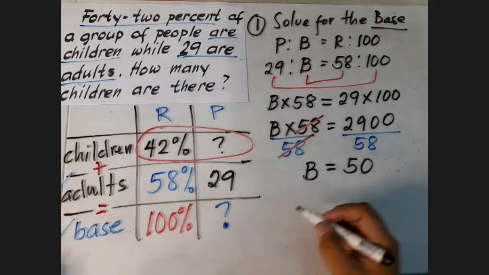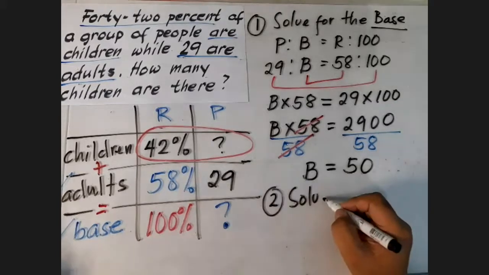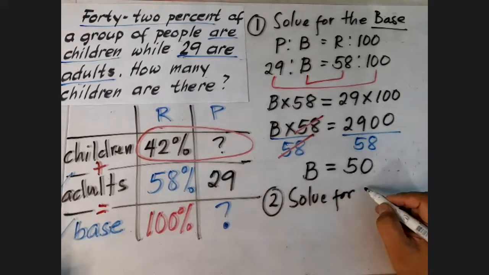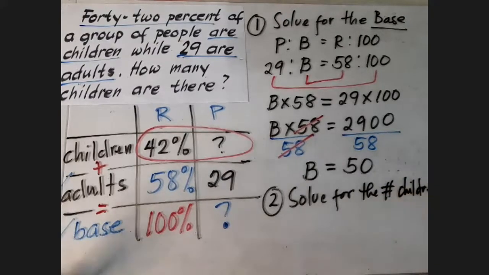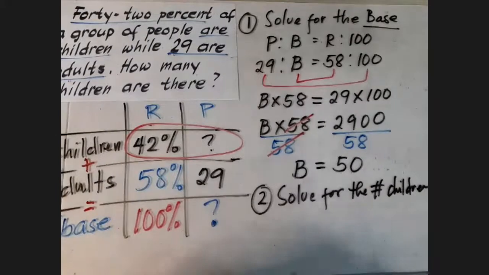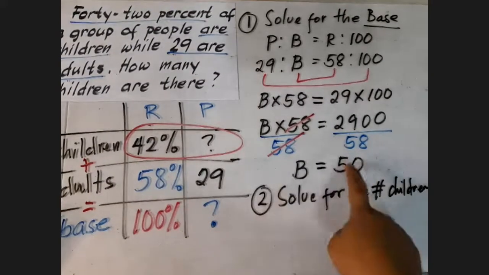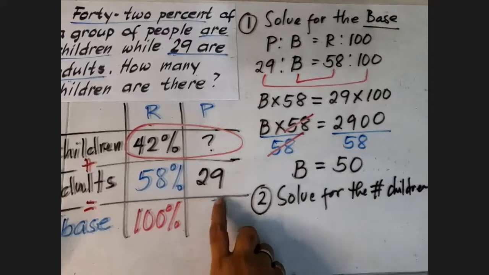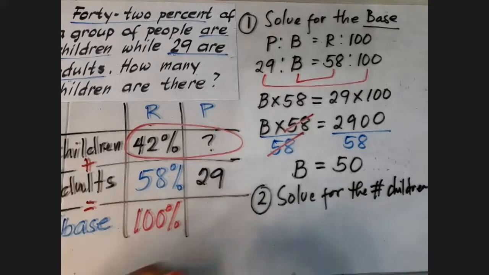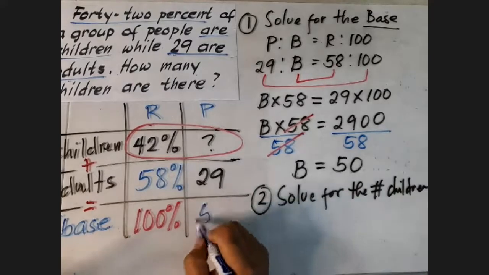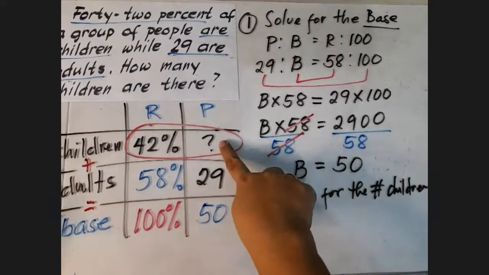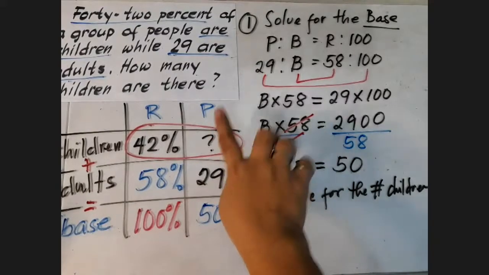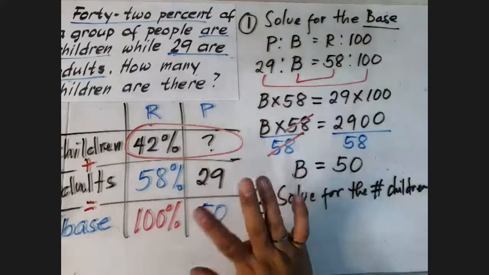Now, the next thing to do is to solve for the number of children. We solve for the number of children. So, how do we do that? So, dahil ito, meron ng 50, pwede na natin niyang lagyan. 50. Ay, sorry. This is already 50. So, percentage, makukuha na natin yung number ng children. Mag-relation proportion pa ba tayo? Hindi na.